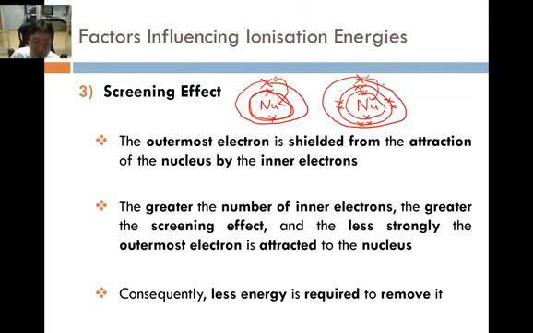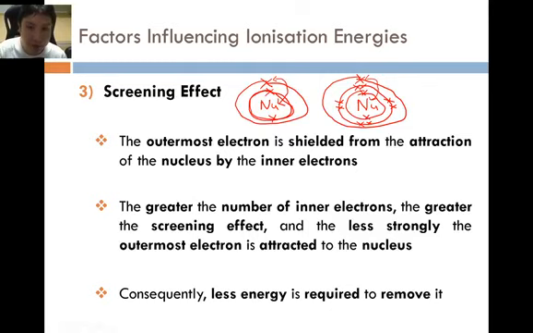As the number of electrons in the inner shell with respect to this valence electron increases, the shielding effect will go up and it will block more of the attraction of the nucleus towards the valence electron. And if this attraction is blocked, then the attraction will be weaker and the ionization energy will drop because less energy is required to overcome this attraction.